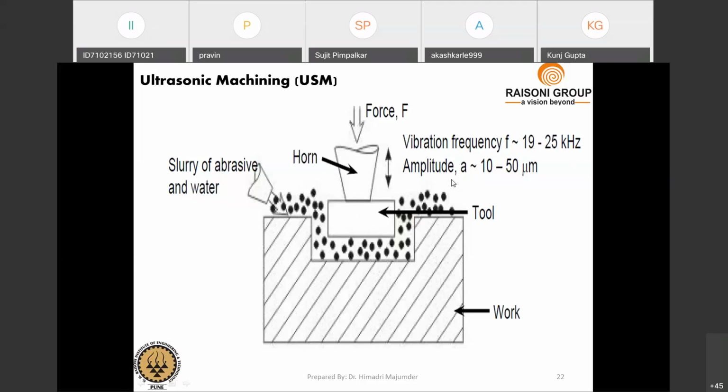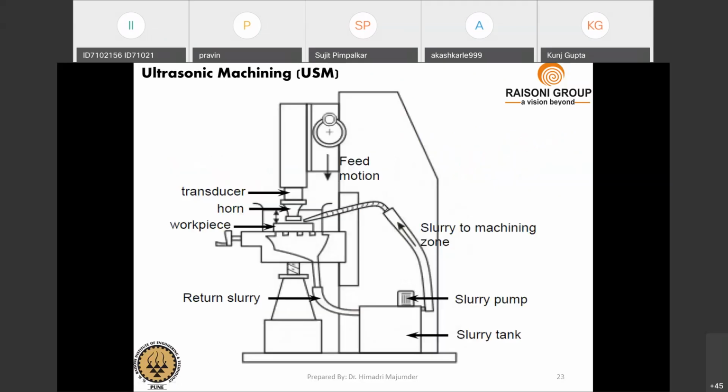Then a small amplitude is given, as I told, up to 10 to 15 microns. Then you continuously provide abrasive slurry. This will vibrate, and due to the vibration, indentation through the abrasive grit will impact your workpiece, and gradually material will get removed from the work surface. So this is your USM machine.